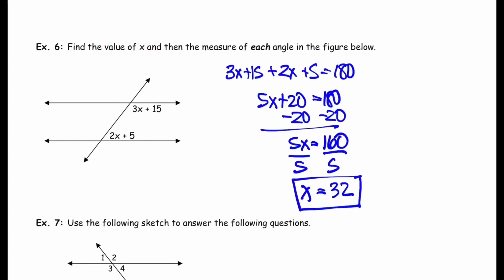Now it says find the measure of each angle in the figure. Well, there's not just 2 angles, there's 8 angles. I have to find all of these. Now there's only 2 different angle measures, but I have to label the diagram. So maybe over on the side somewhere, let's find this 2x plus 5. So let's do 2 times 32 plus 5.